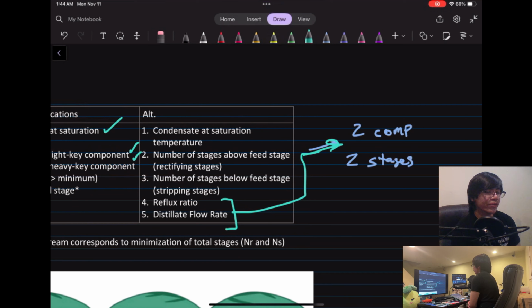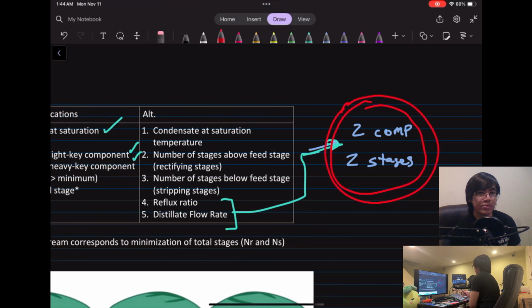We might be solving for ratios and flow rates that don't make sense, that aren't realistic, or achieving a separation that is just not possible by specifying the actual composition and stages. You might not have enough stages to achieve this molar fraction and composition at those stages. You might not have the correct flow rate. Your feed might not be able to keep up.